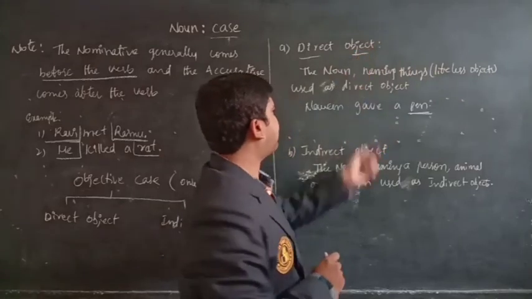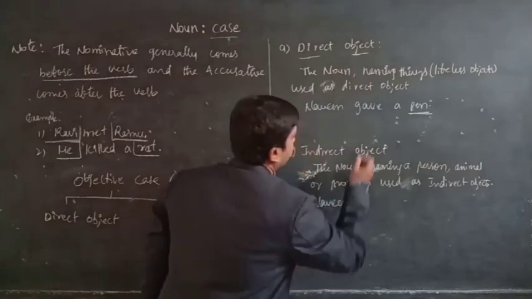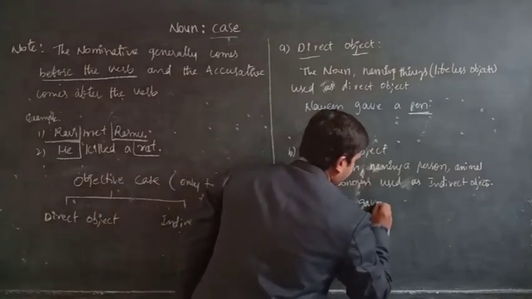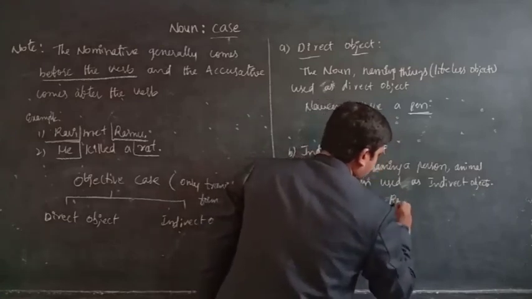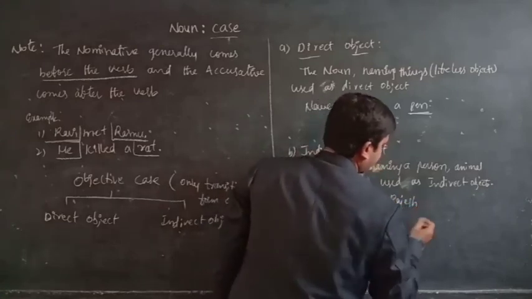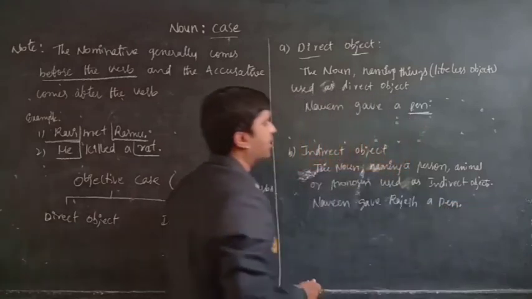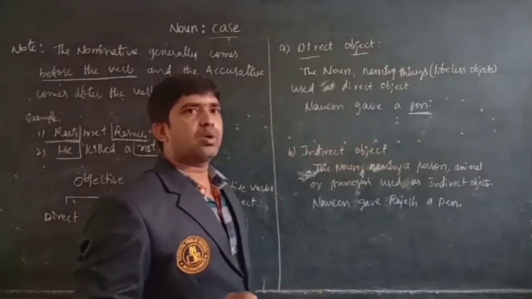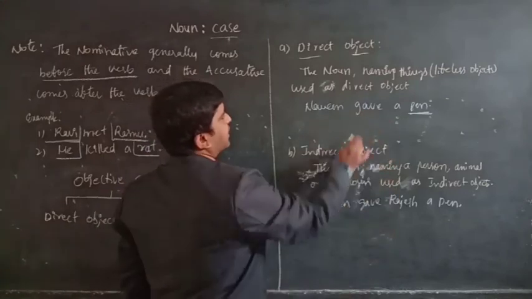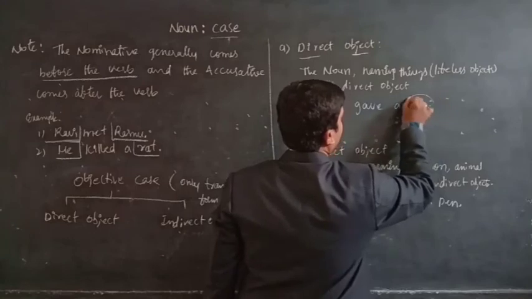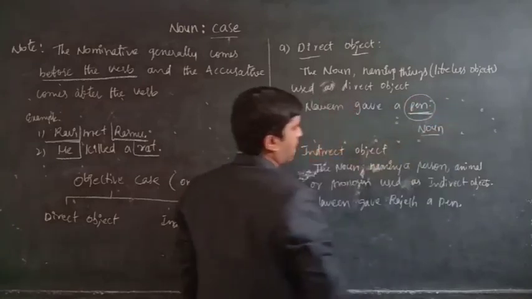Here is the same sentence: Naveen gave Rajesh a pen. Here we are using two nouns in the object. In the first sentence we use only one object, and that is a noun.